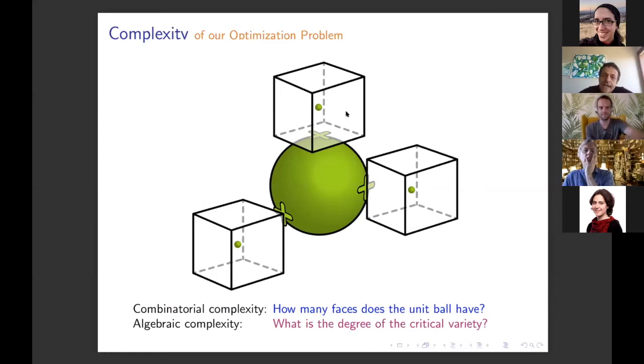Once I've identified how the polytope, the unit ball, touches the green model, then there's this algebraic question: what is the degree of the critical variety? How many complex critical points do I expect when I want to solve this to actual optimality? Right? So this is the task of algebraic complexity. And I'm going to say a few words and just a few partial results on both situations.